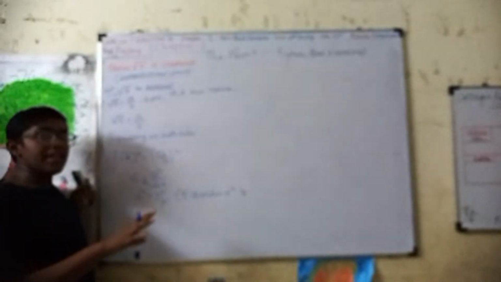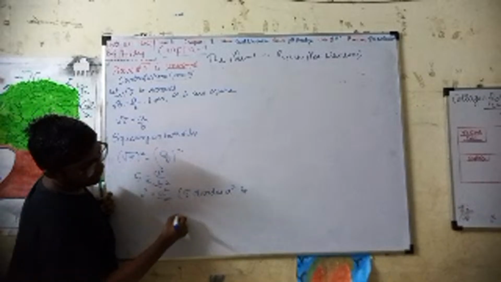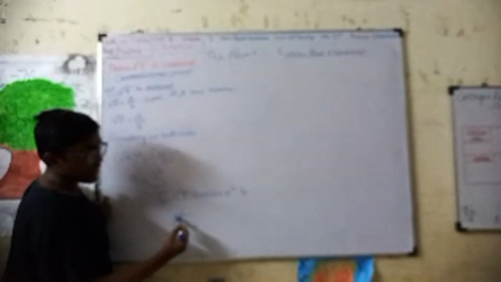So what does this state? 5 divides a square. If 5 divides a square, 5 divides a. Let's take 6 and 2. 6 square by 2.